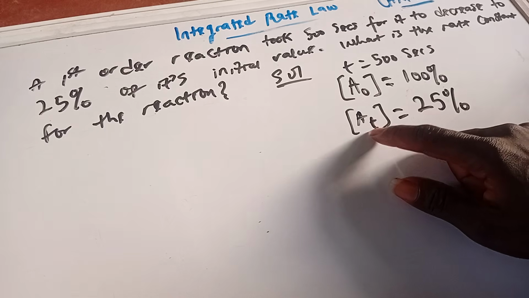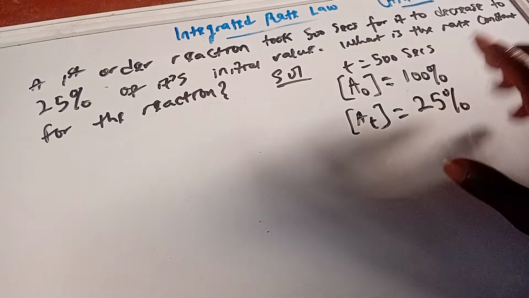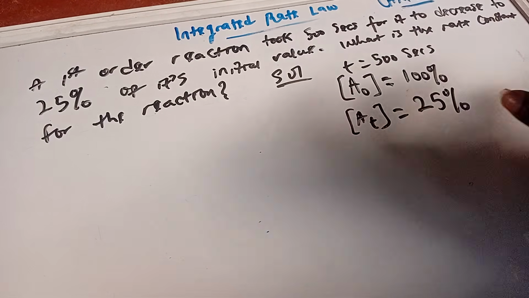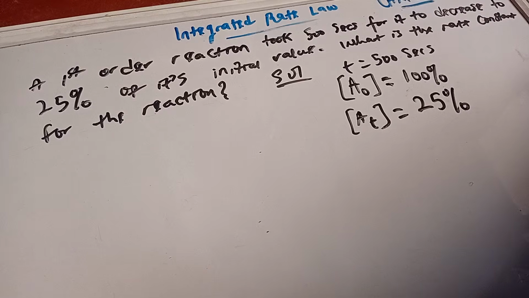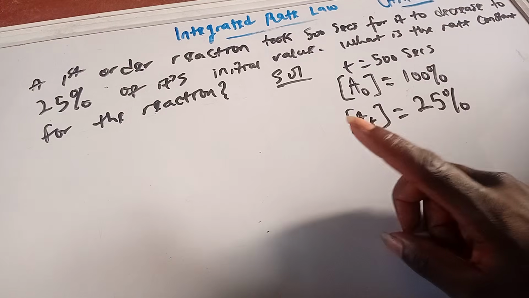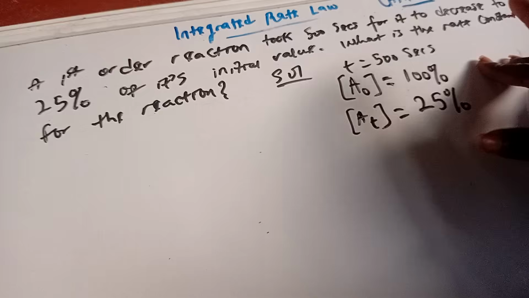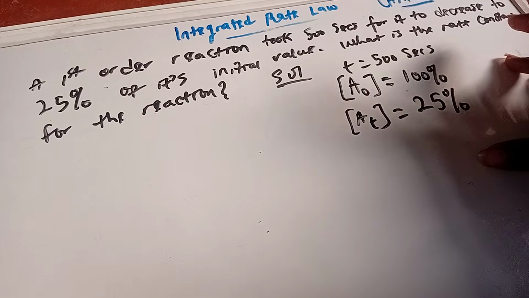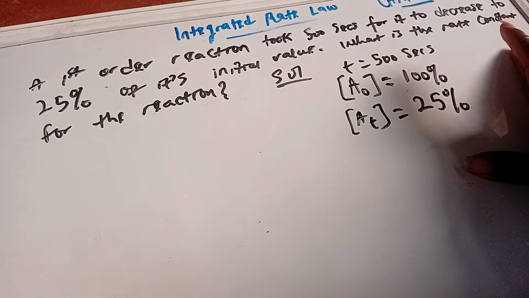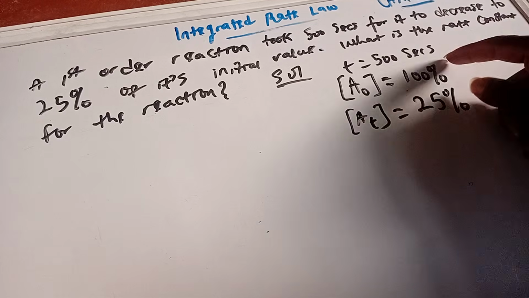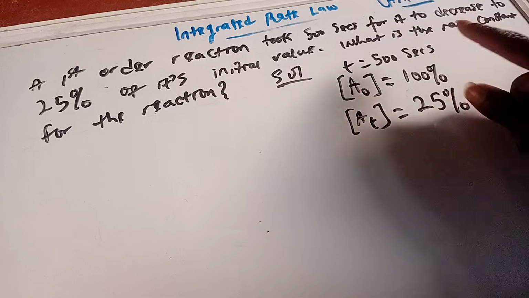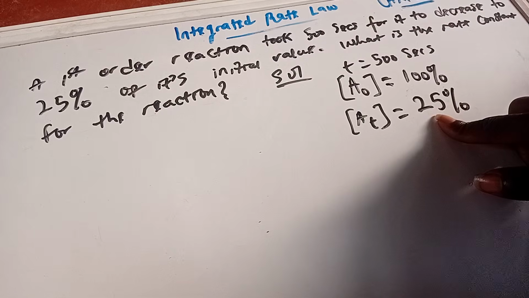So the concentration at a particular time is 25%. Just get it right, there's no confusion there. Sorry for the initial, let me repeat again. We use 100 here, you use 25 here.